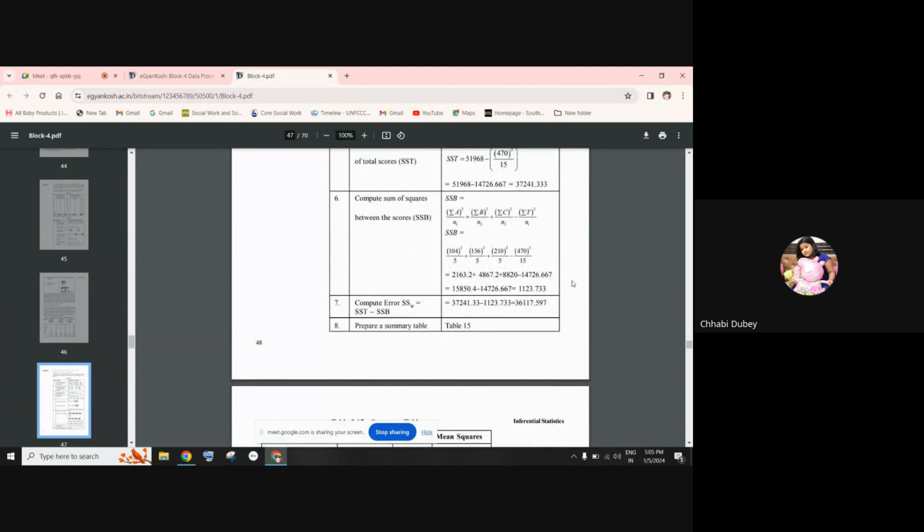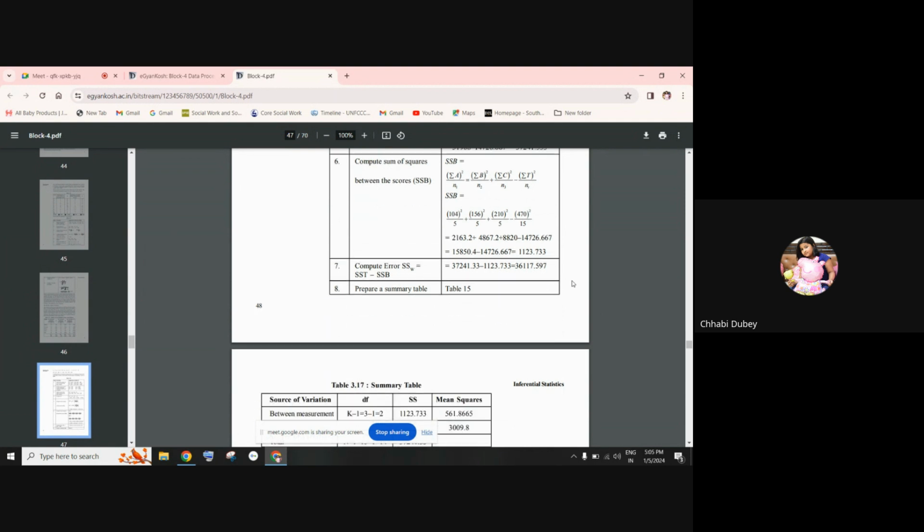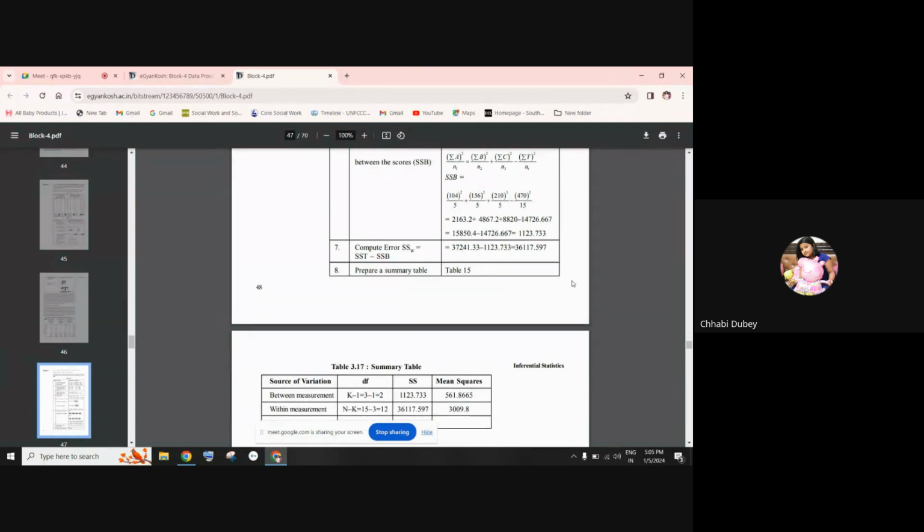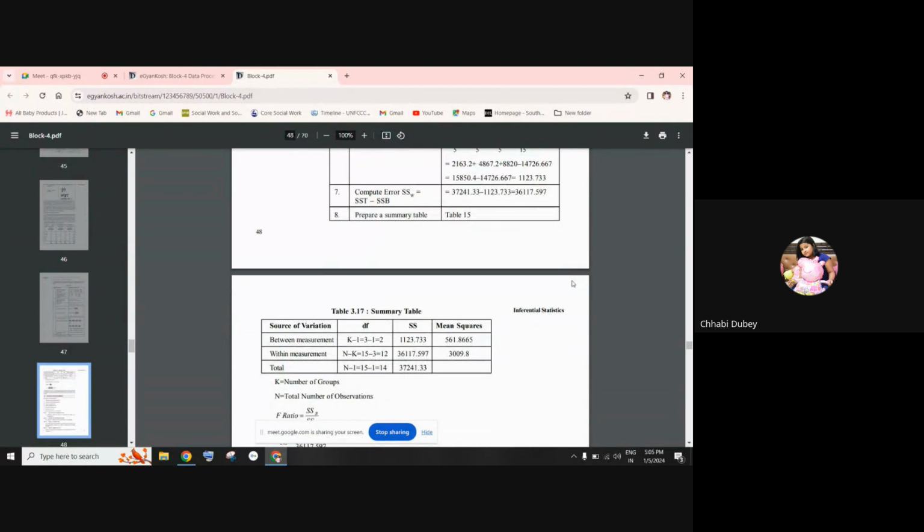After that, it can be done by computing the sum of the squares between the scores, and then the values can be put into the given formula, and then this can be easily found out.